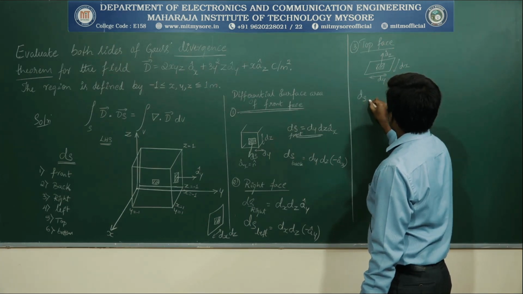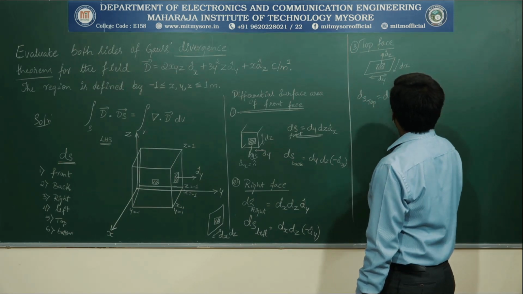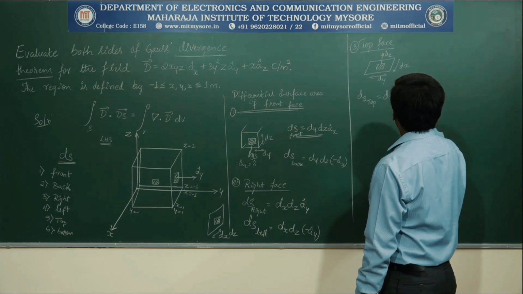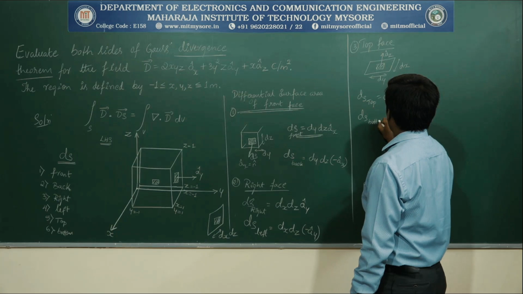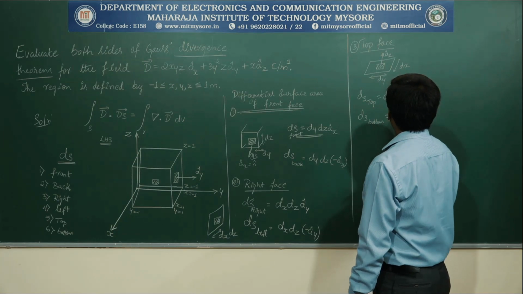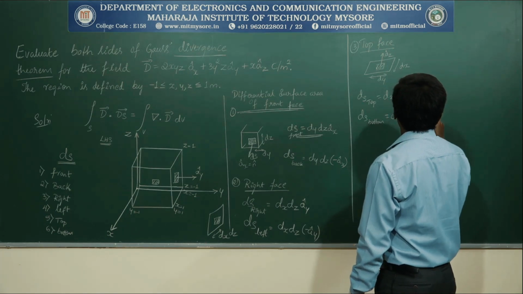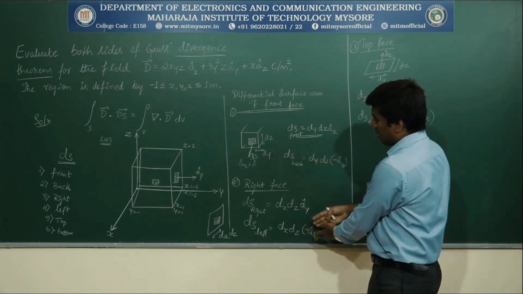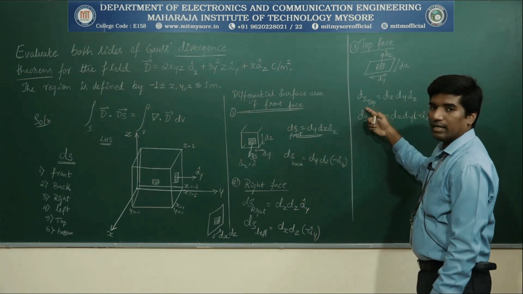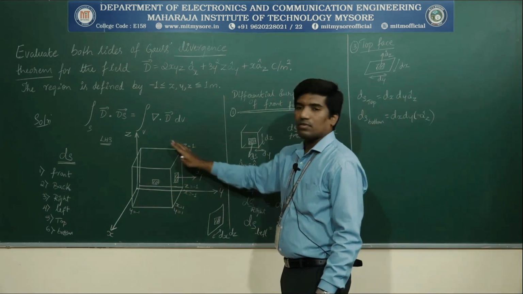Then ds top is equal to dx dy into a cap z. ds bottom is equal to dx dy into minus a cap z. That's it. These are the 6 equations for calculating the differential surface area of all the 6 faces of this cube.